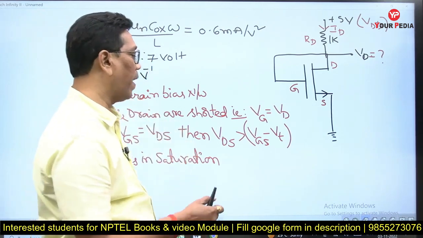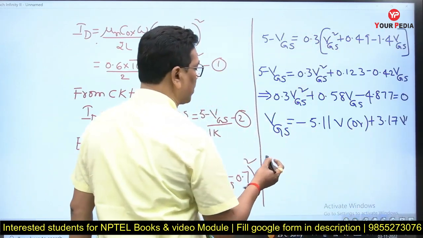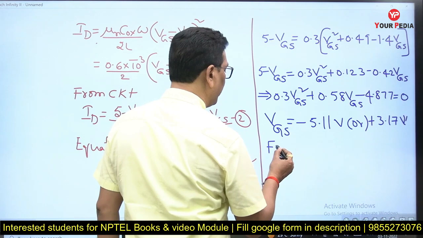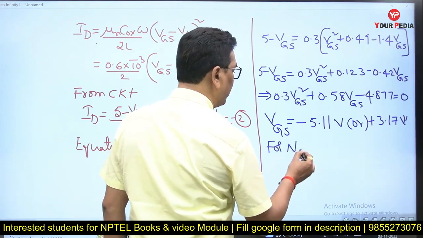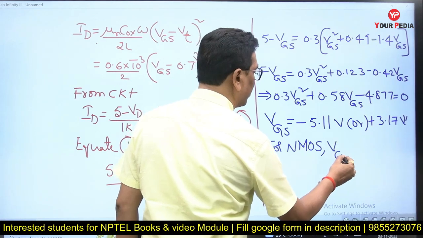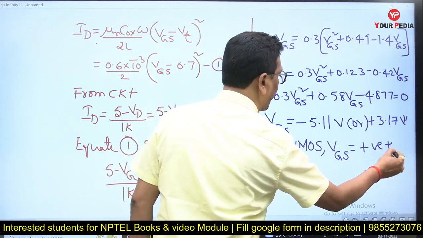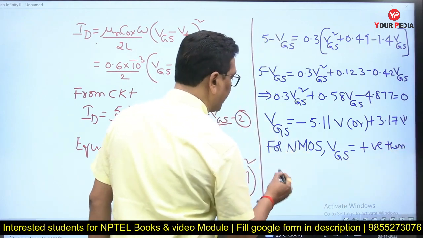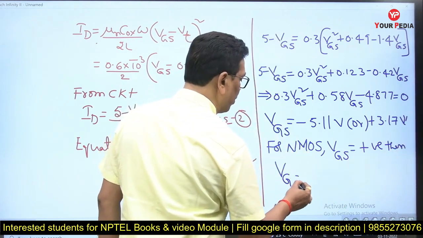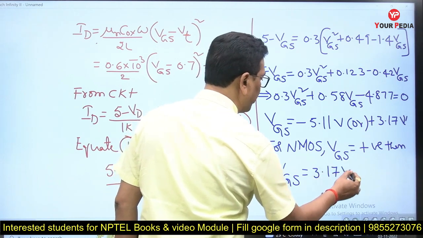So VGS should be positive, then which value can I take sir? 3.17. For NMOS, VGS must be positive. Then VGS equal to 3.17 volt. Got it?